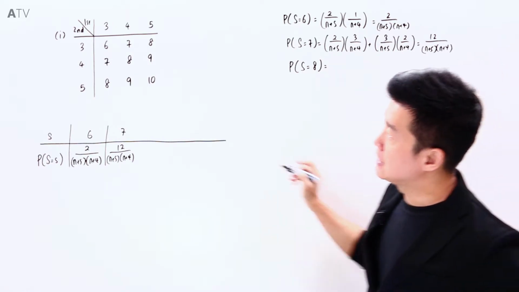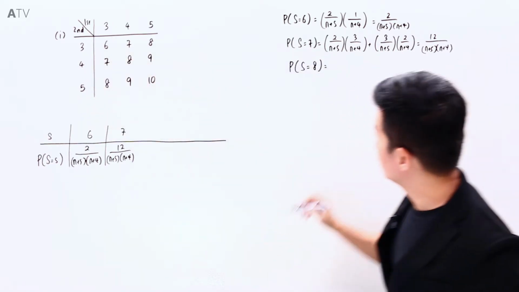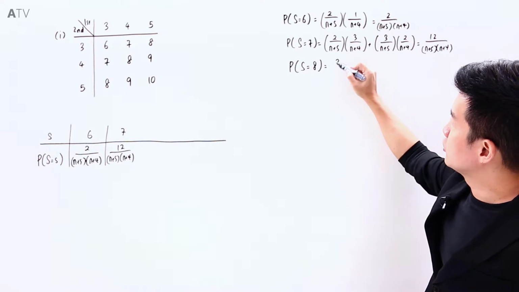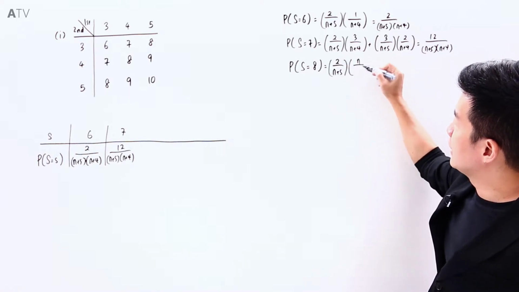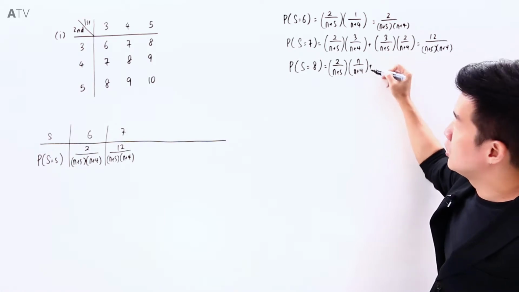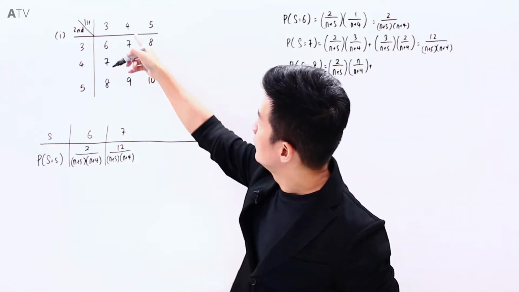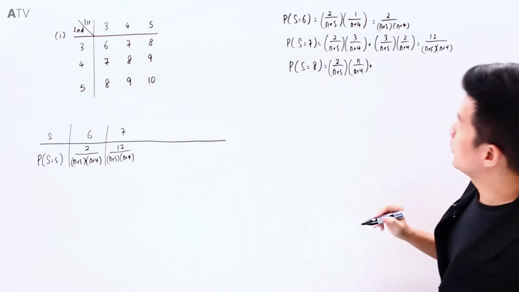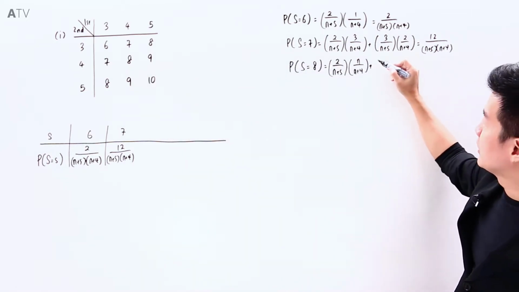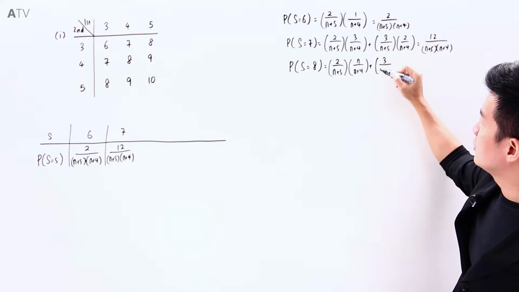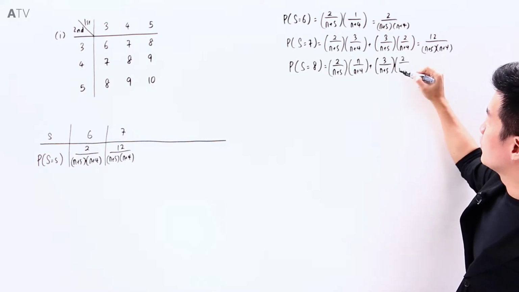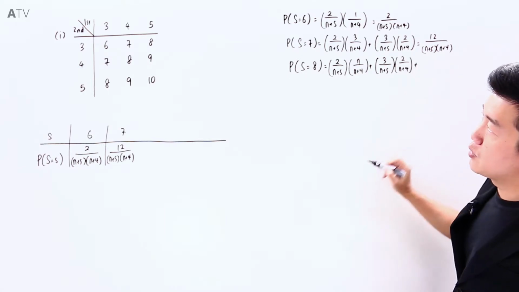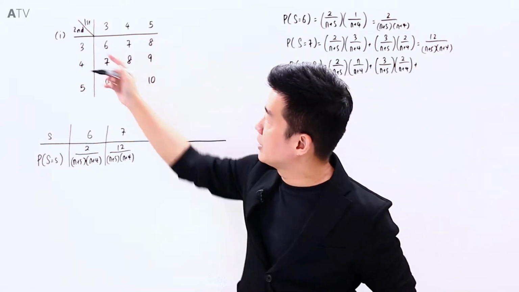And the next value for the sum can be 8. And when it is 8, it will be 3 followed by a 5. So for a 3, it will be 2 over n plus 5 followed by a 5, that will be n over n plus 4. Or it can be a 4 followed by a 4. So if it is a 4 followed by a 4, the first one is going to be 3 over n plus 5. The second one will be 1 less than this, so 2 over n plus 4. There will be one more case which is 5 followed by a 3.